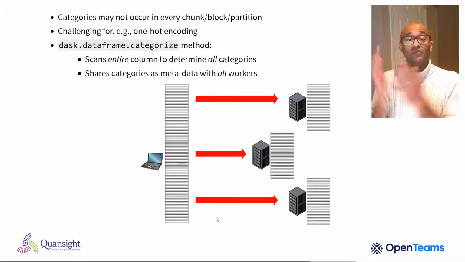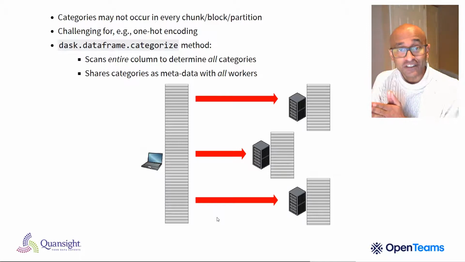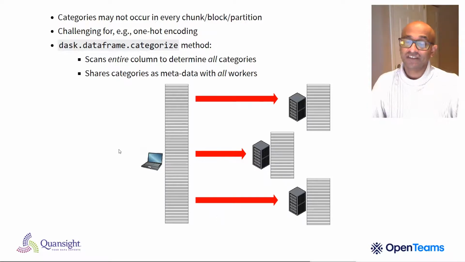Right, so the moral of this particular story is that when we have a Dask data frame, we have to be a little bit careful dealing with categorical types, because not every category is going to occur in each chunk. So for the home ownership column, we just saw that.